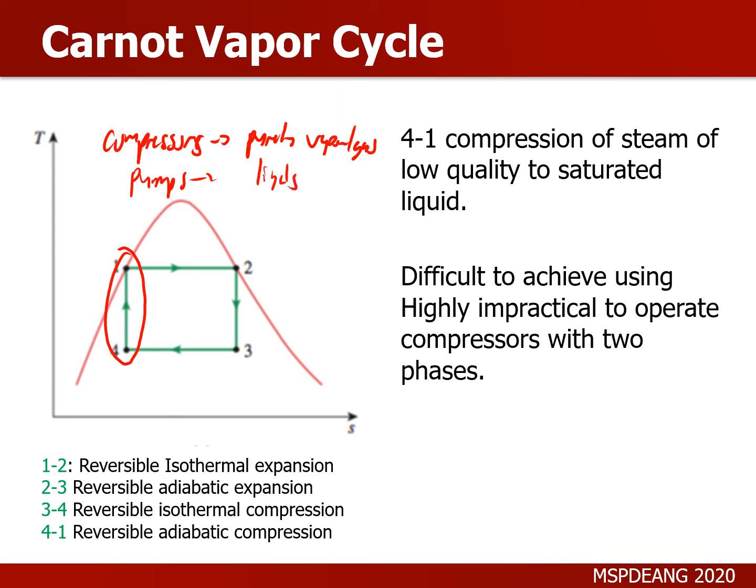And these are two of our equipment that can pressurize fluids. So in this case, for reversible adiabatic compression, these two compressing equipment cannot be used kasi dapat either pure liquid lang kung pump or pure vapor or gas. So this step 4 to 1 is highly impractical and difficult to achieve in normal operation.